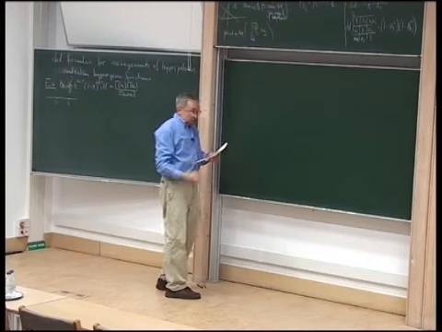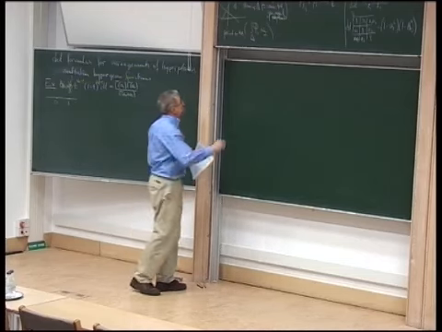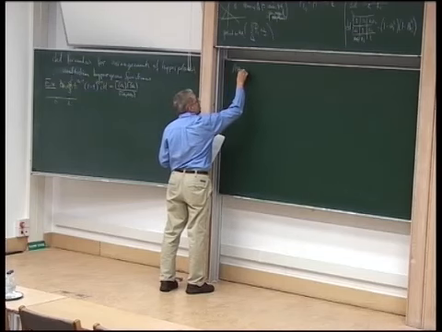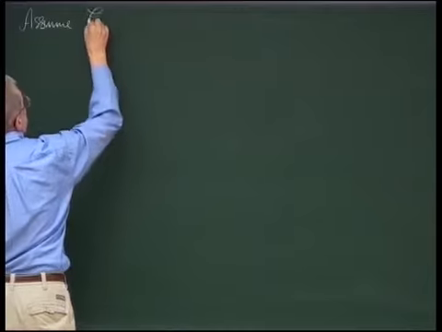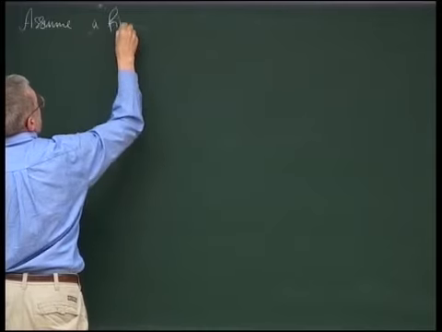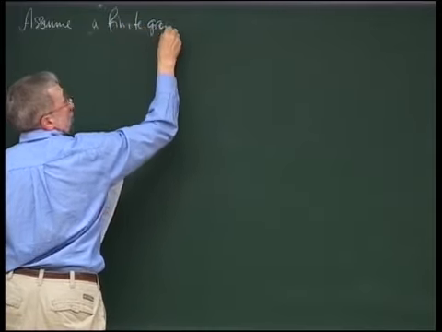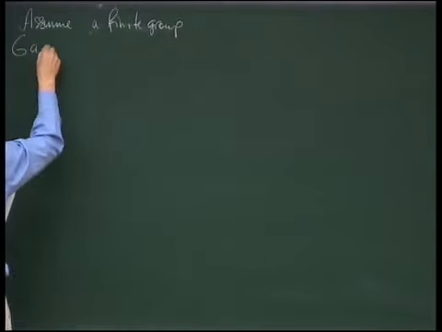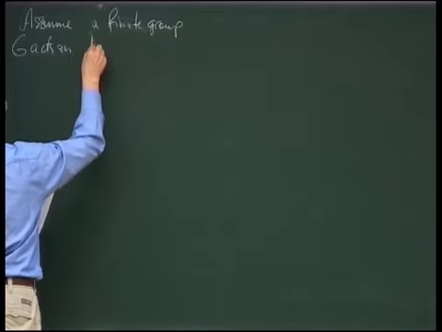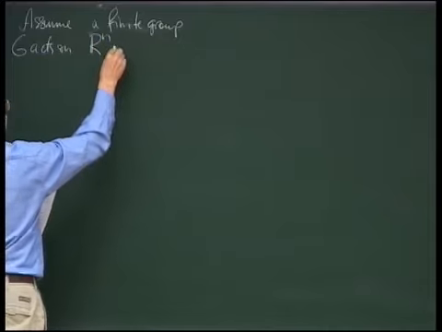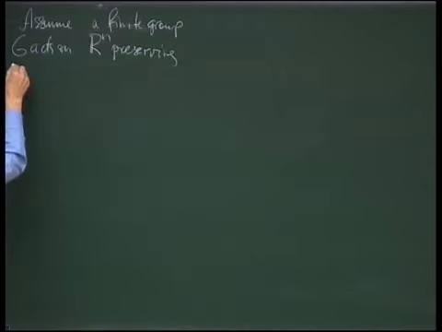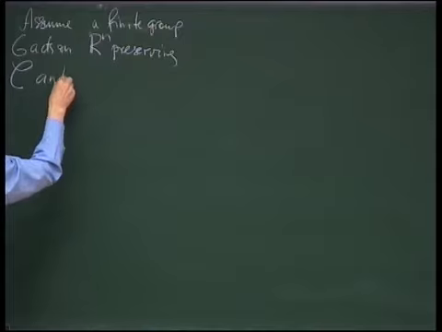Okay, now in general, I want to ask the following question. Assume a finite group G acts on R^n linearly, preserving the arrangement A and the weights.